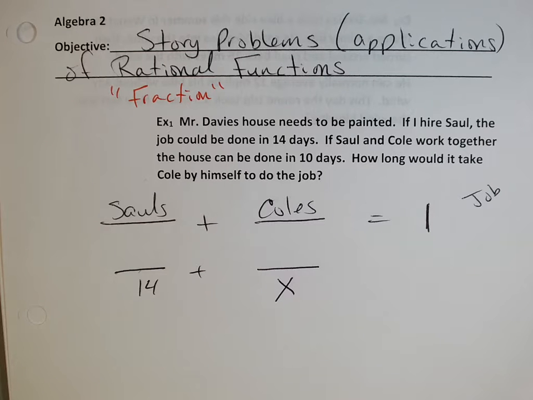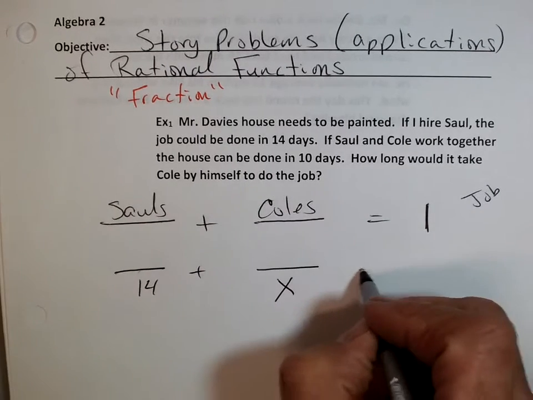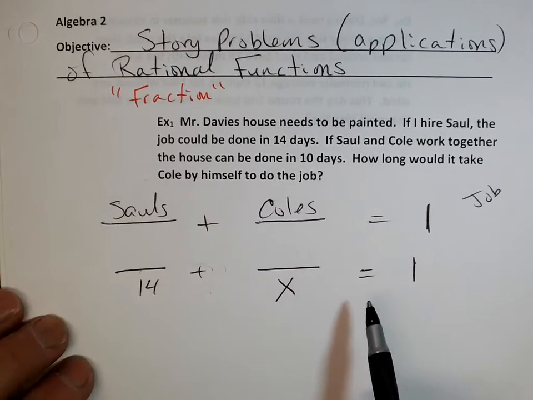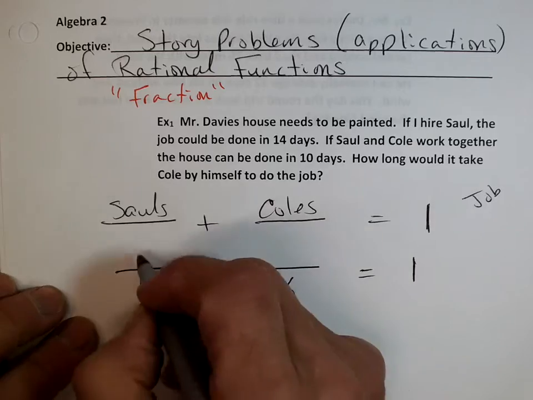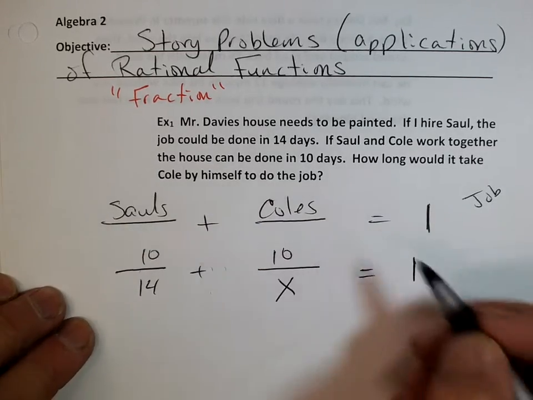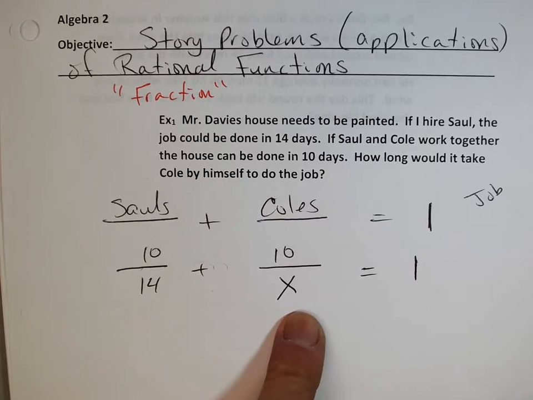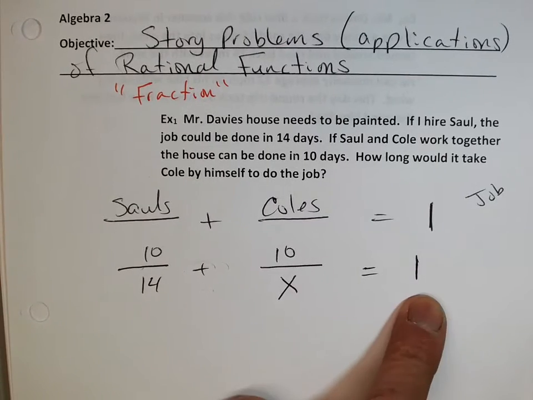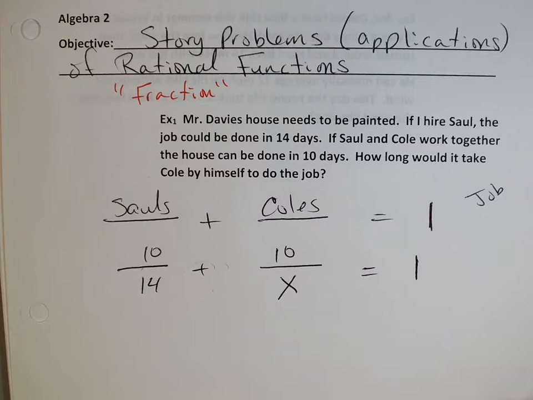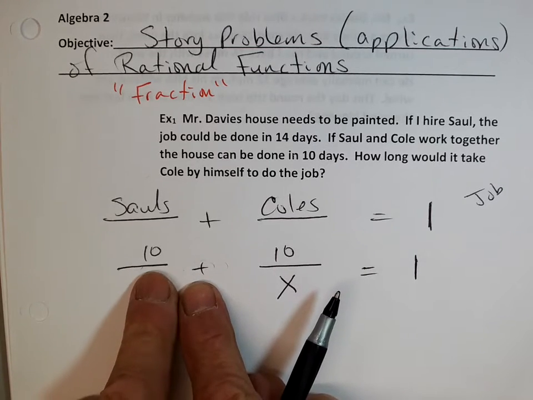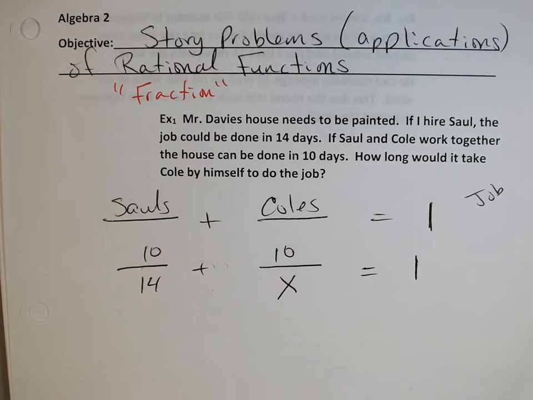Now together, so we're adding them together, it'll take them 10 days. So it's Saul's portion of the work plus Cole's portion of work to get one job done, okay? So far, so good? So the 10 is because I'm adding them together, the two portions together. Now, if I need to solve for x, that's not too bad.